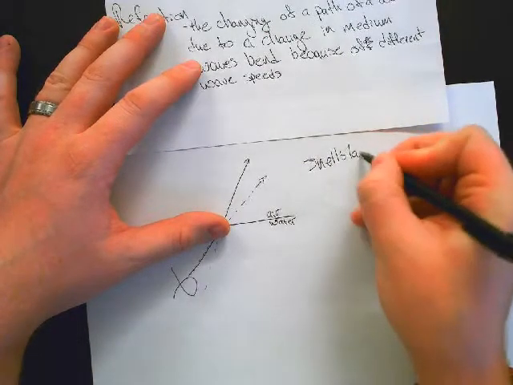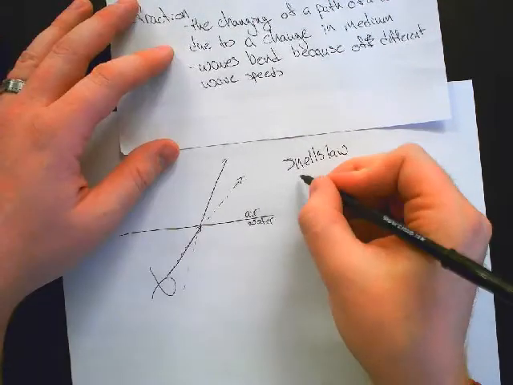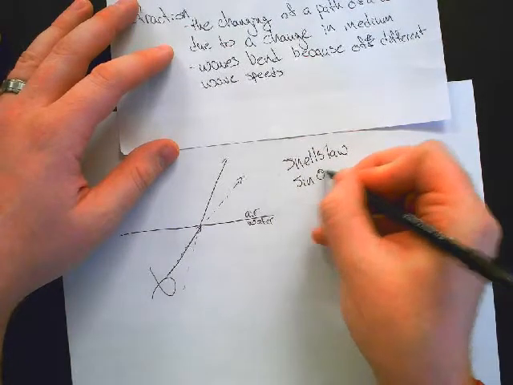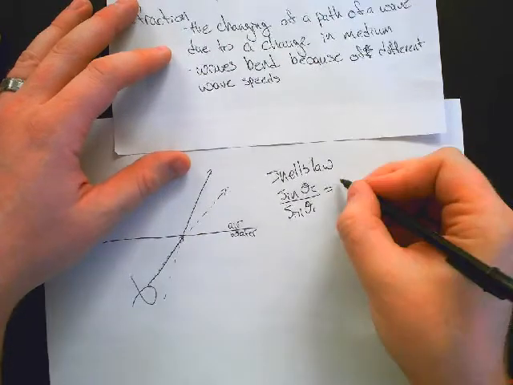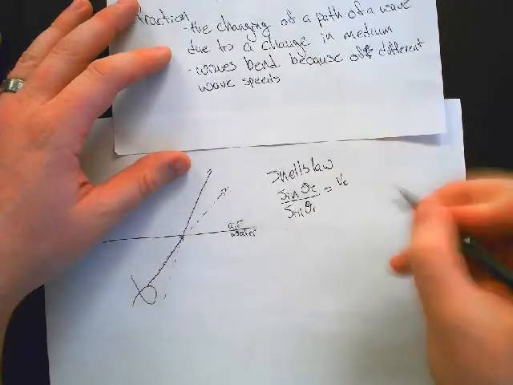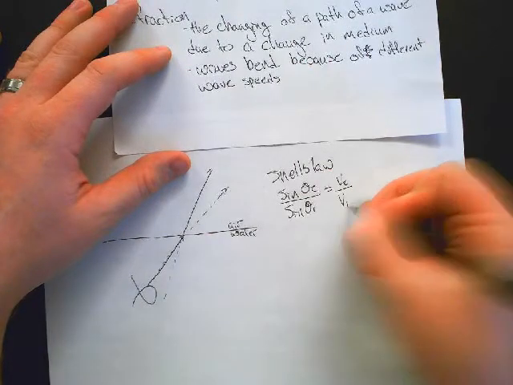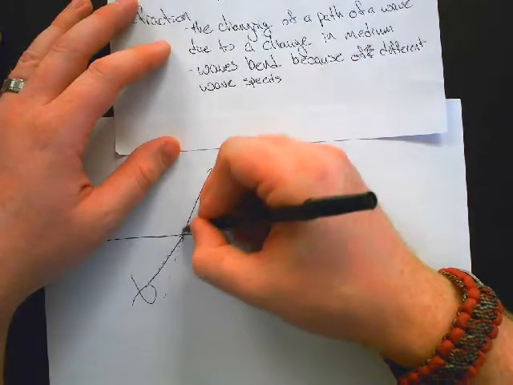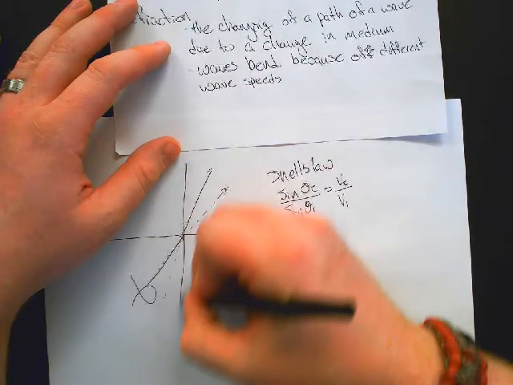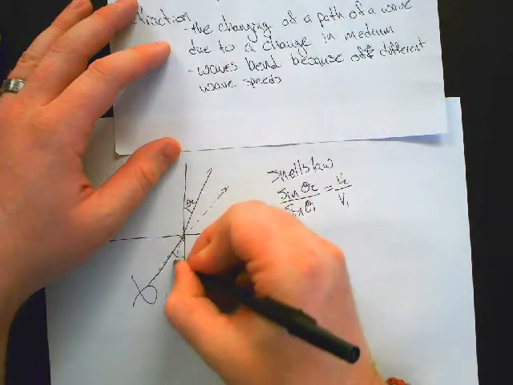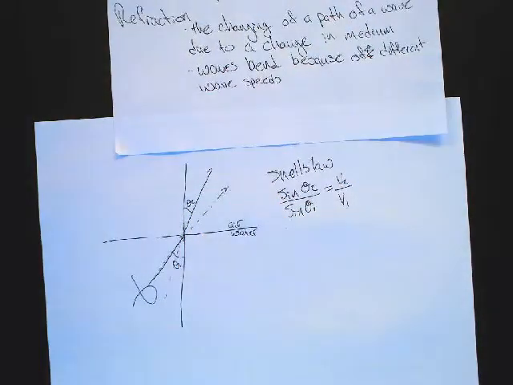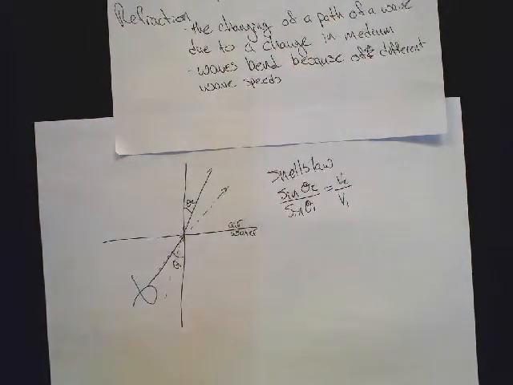Snell's law shows that the sine of theta 2 divided by the sine of theta 1 is equal to the velocity of the wave in substance 2 divided by the velocity of the wave in substance 1, where theta 2 and theta 1 are each referenced to a normal line, which is what we use for the law of reflection.